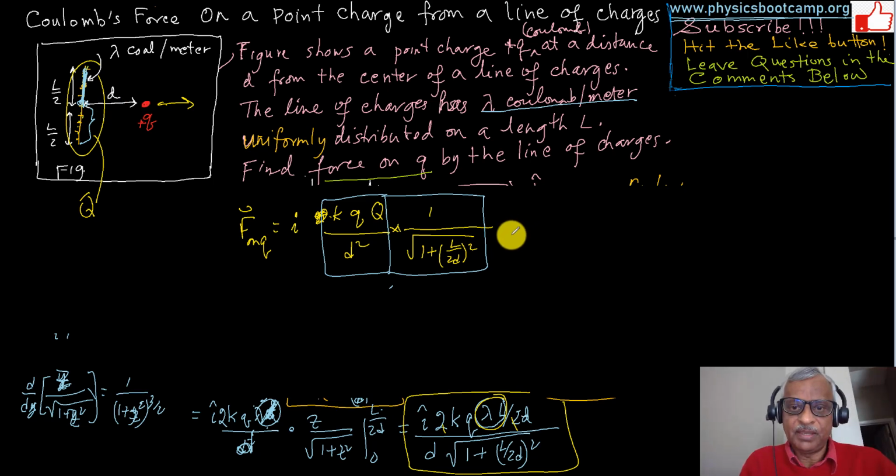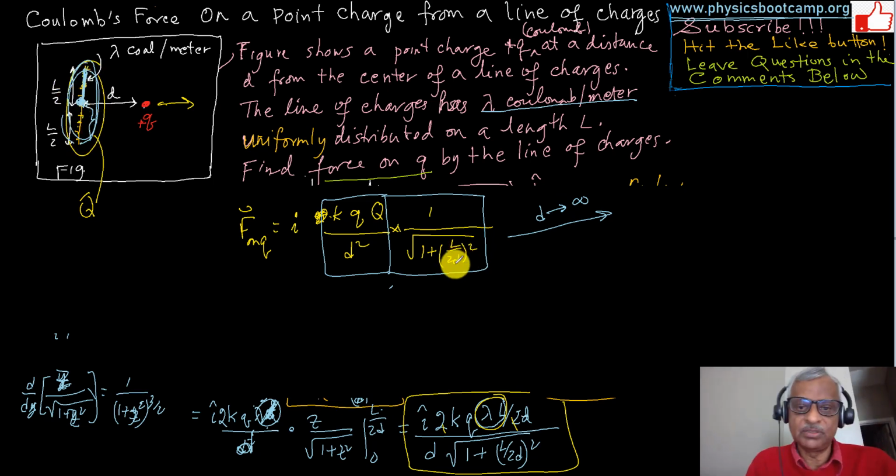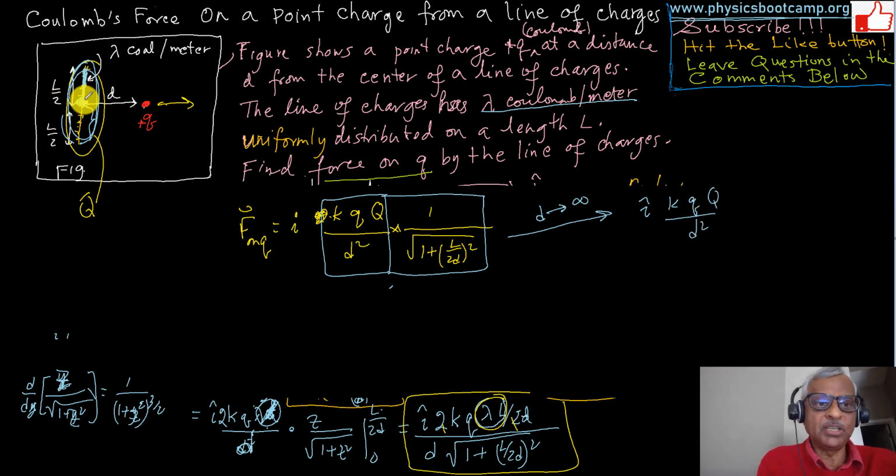So one consequence is, what if I put the charge way out there, say D going to infinity? Then this entire charge can be placed right over there, because if you take a limit here, this will be I hat KQ Q over D square, as if the entire charge was just placed in the center.